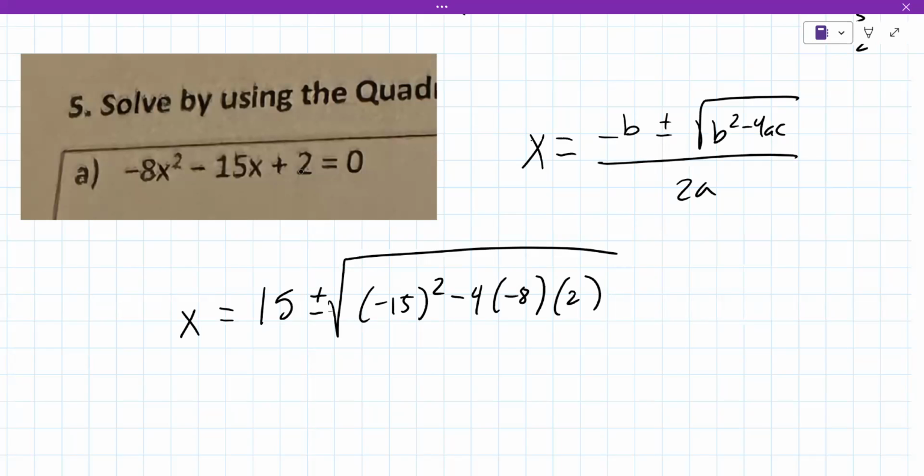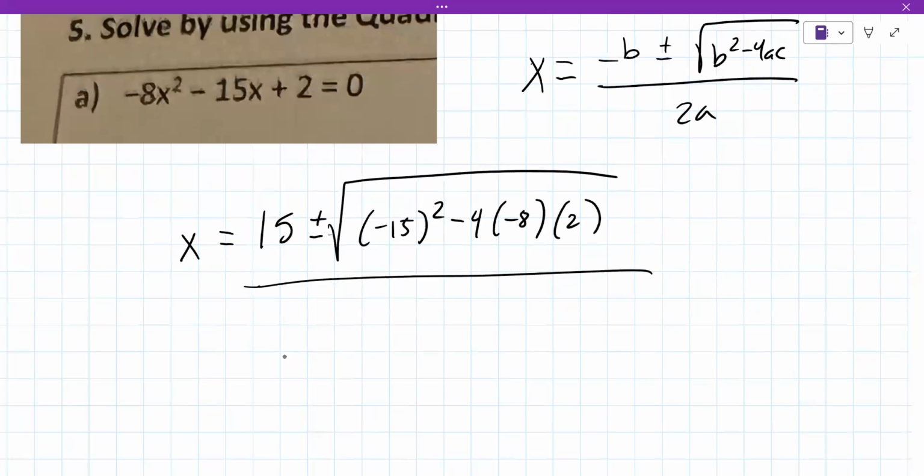And then you go here, and you get -15 squared minus 4 times -8 times 2. 15 plus or minus the square root of 225 plus 64 under the root.